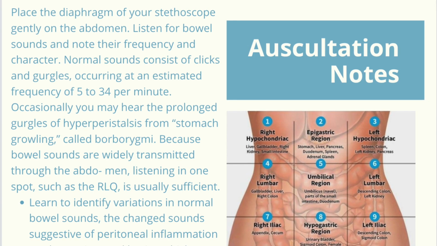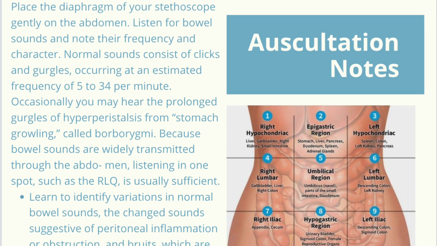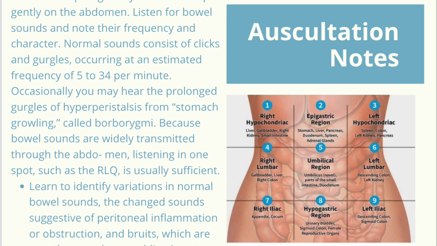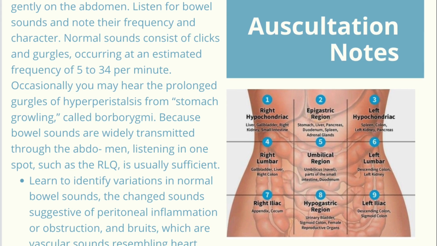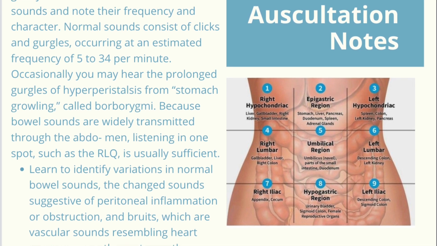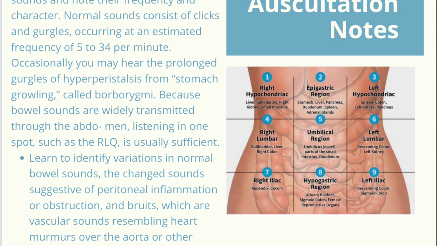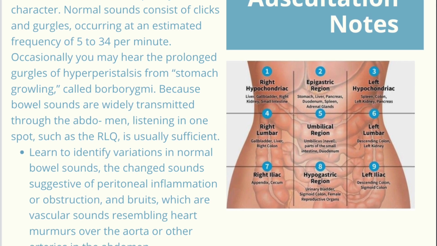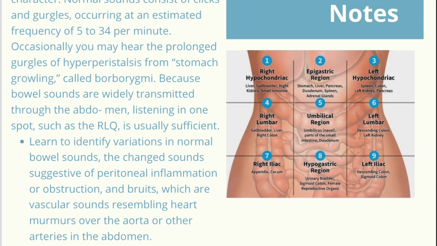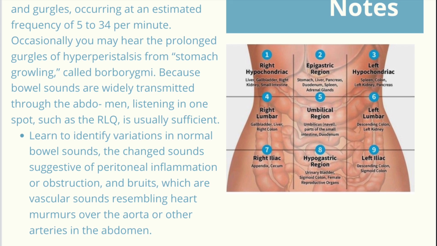When auscultating the abdomen, you should place the diaphragm of your stethoscope gently on the abdomen, right on each of the quadrants you're listening to. You have to listen for the bowel movements and sounds and note if the frequency and character vary. Normal sounds consist of clicks and gurgles occurring at an estimated frequency of approximately 5 to 34 per minute, and it varies depending on the area you're auscultating.